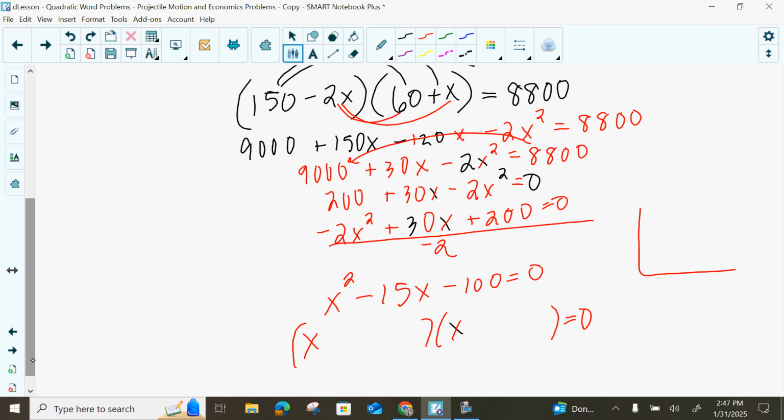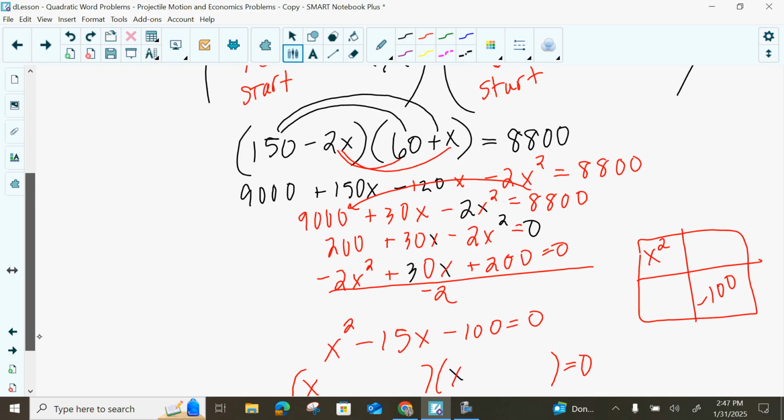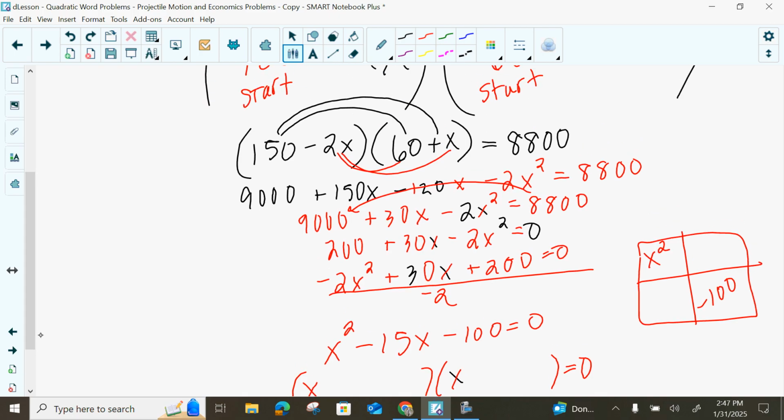Use your little box if you need it. Factors of 100 to give you negative 15. What numbers multiply to 100? Cody, give me one. 10 and 10, right?